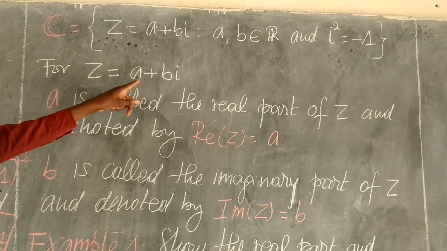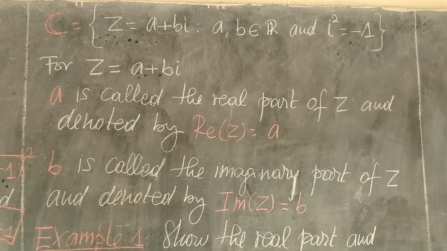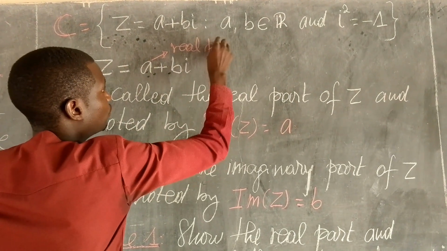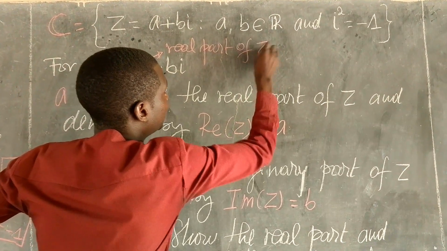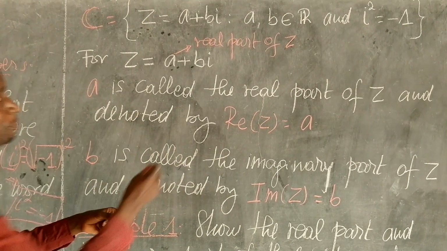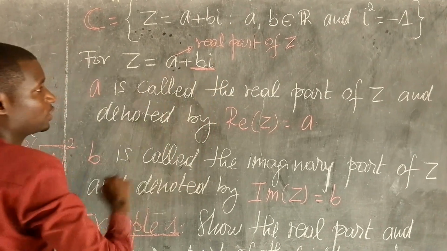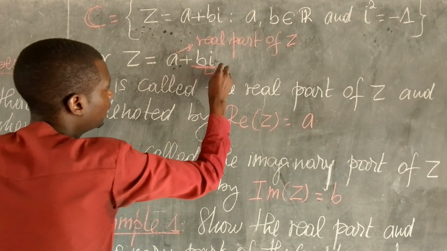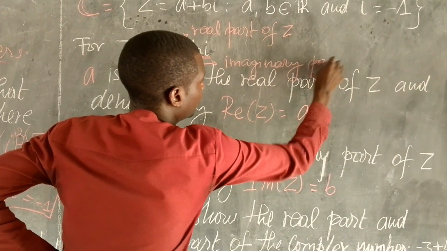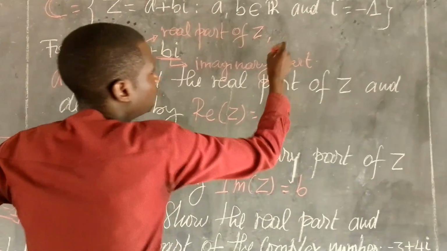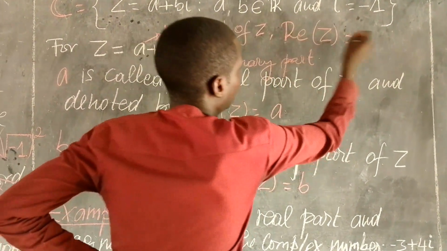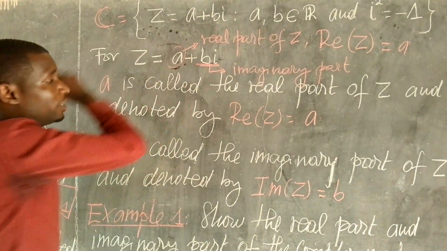For z equal to a plus bi, a is called the real part of z, that complex number. b is the imaginary part because it has the symbol i. The real part is symbolized by Re(z) equals a, the number not including i.